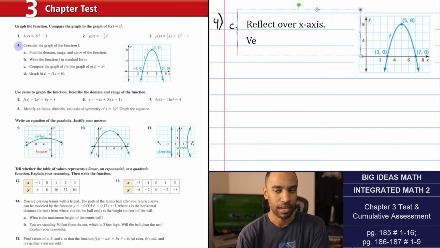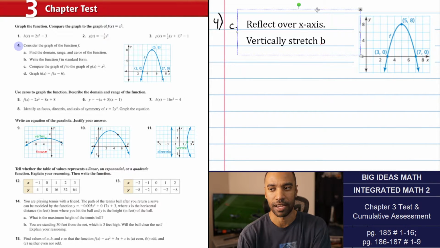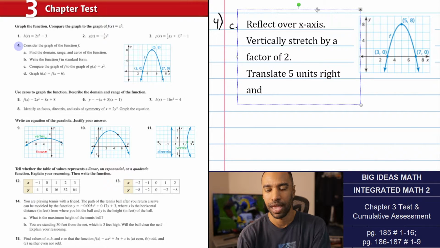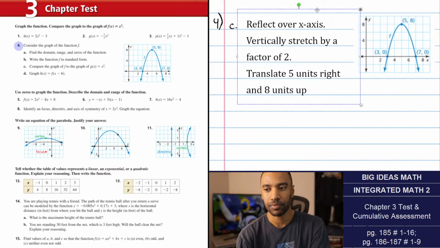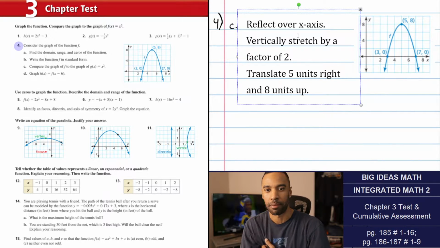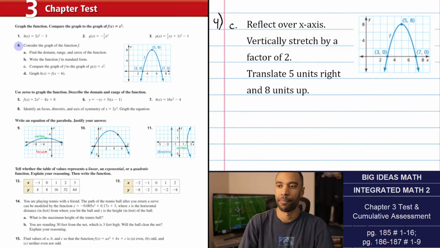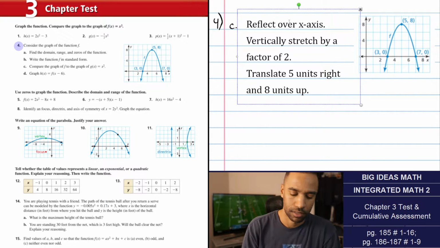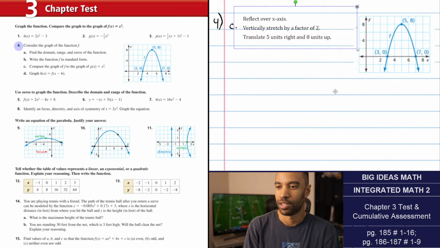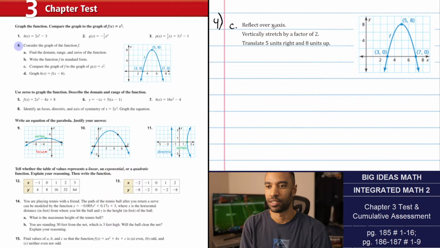We got an a value of negative 2, so vertically stretched by a factor of 2. And then we also translate 5 units right and 8 units up. So, like I said, I'm using that vertex form version to really make sense of what it is that we had. I hope that makes sense. Let me shrink that. It still looks weird, but that's all right. There's part C.